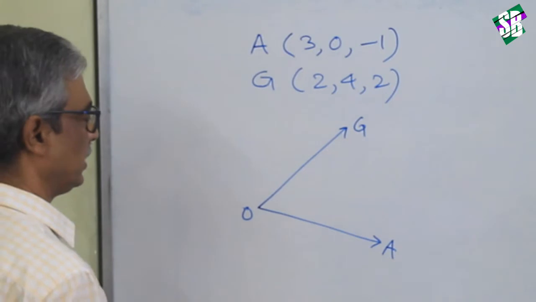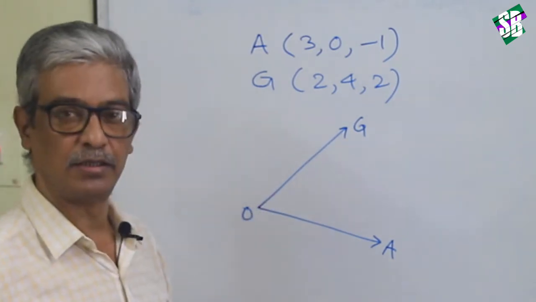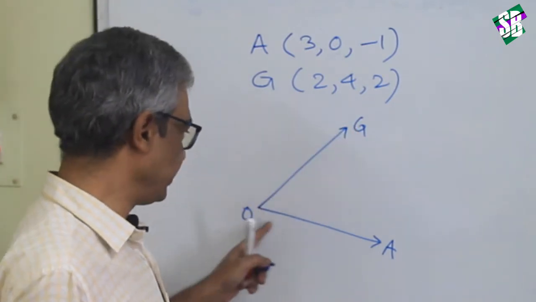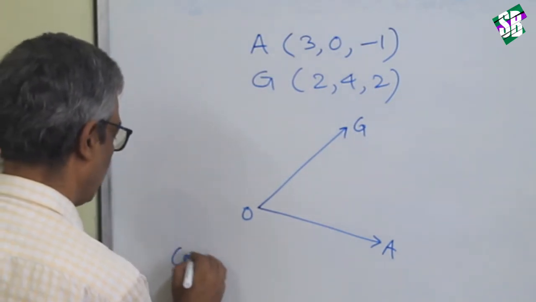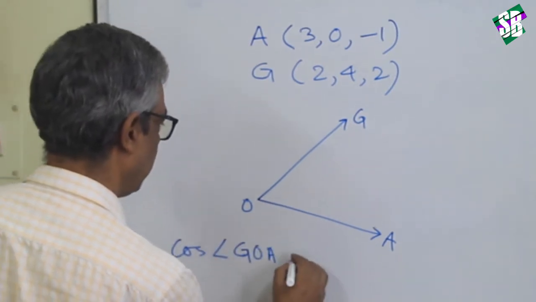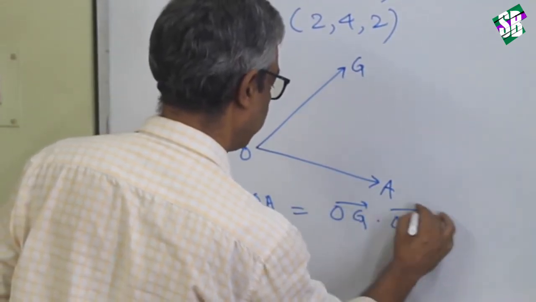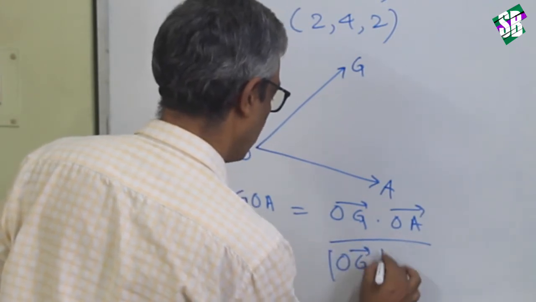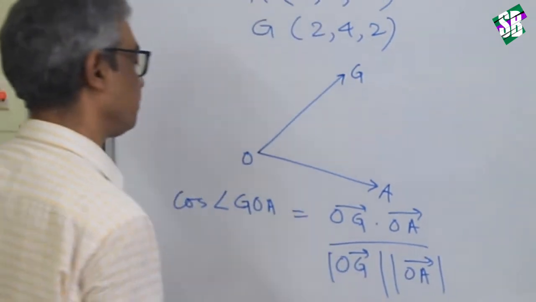Now the dot product: the smallest angle between OG vector and OA vector is angle GOA, right? So cos of angle GOA equals OG vector dot OA vector divided by mod OG vector into mod OA vector.